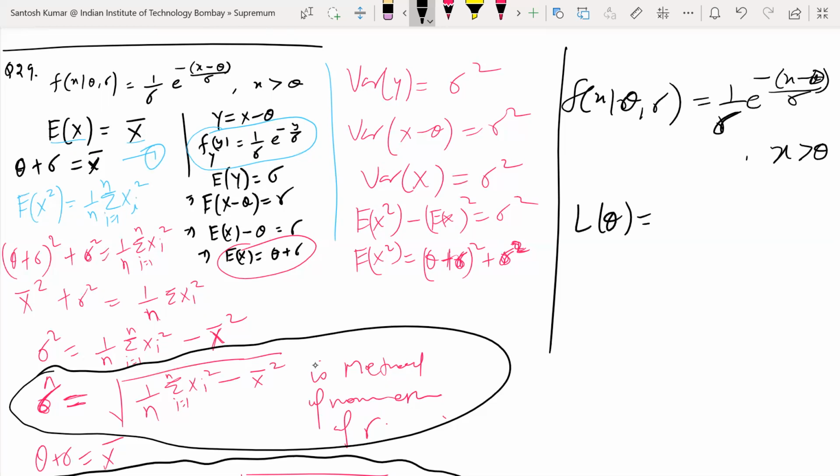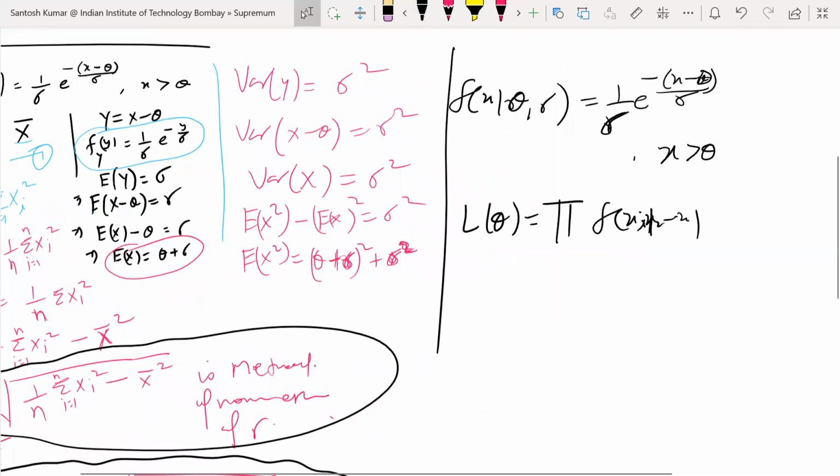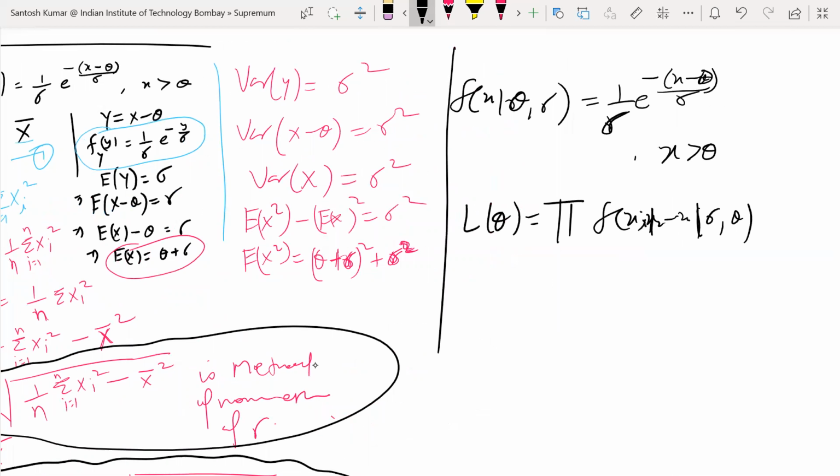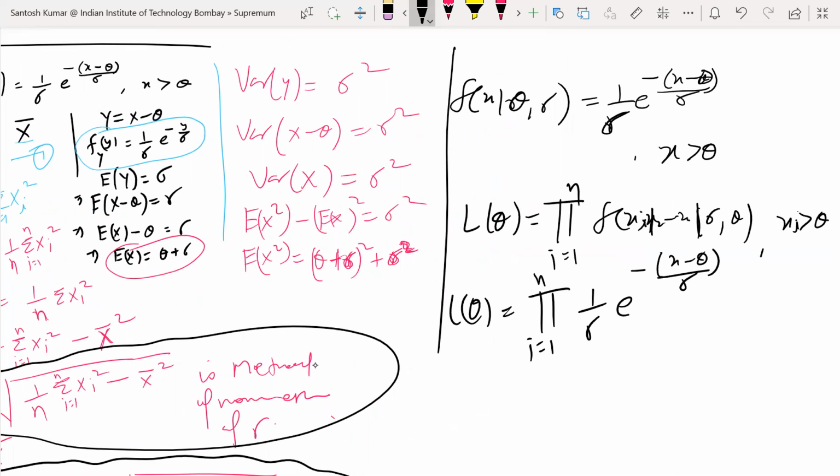If I define the likelihood function, it is the product of f(xi) involving x1, x2, ..., xn, sigma and theta, i from 1 to n. This will hold when xi is more than theta. So L is the product, i from 1 to n, of 1 by sigma e raised to the power minus (xi minus theta) upon sigma, when theta is less than or equal to xi.